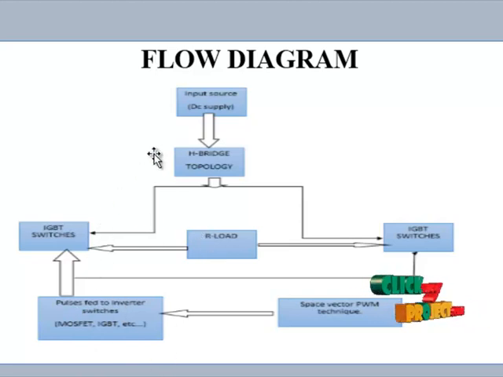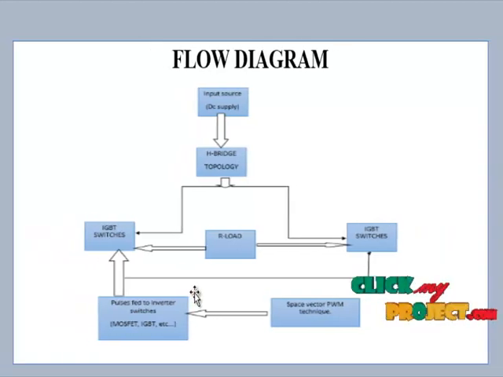Here we use the space vector pulse width modulation technique, and the pulses are generated from the pulse generation circuit. After that, using the gate driver circuit, the pulses are given to the IGBT switches. Due to the switching pulses, the output is delivered across the load.